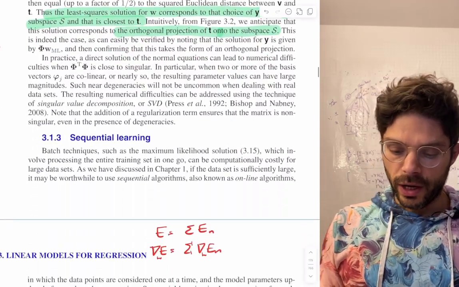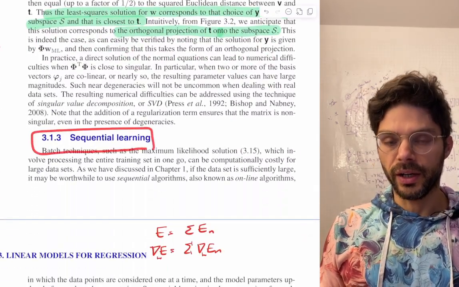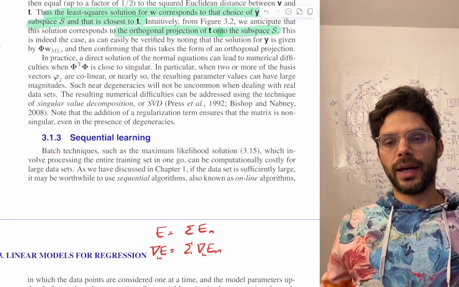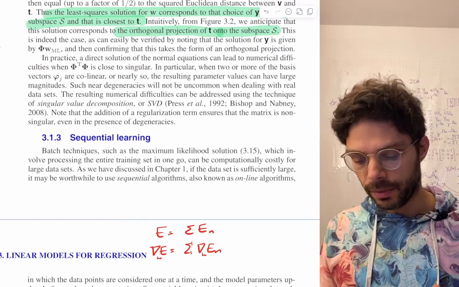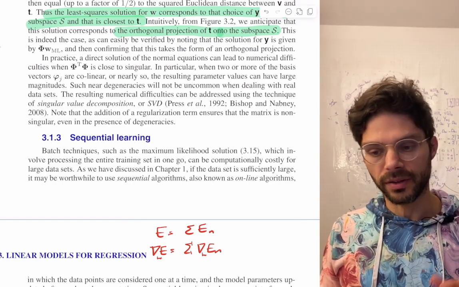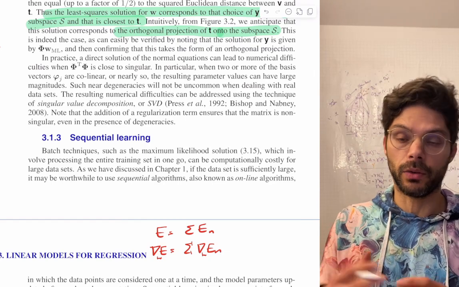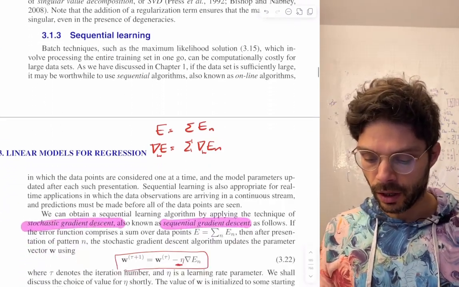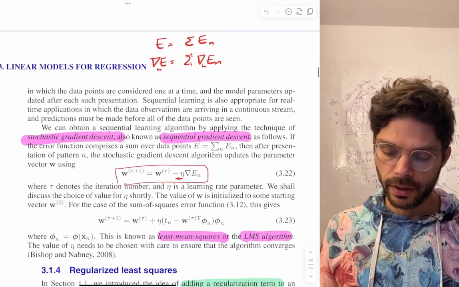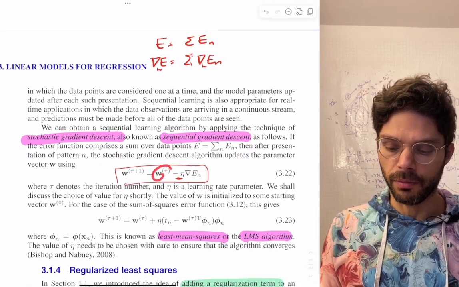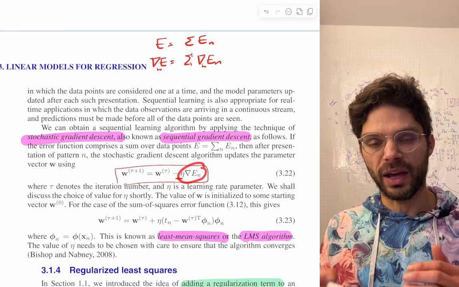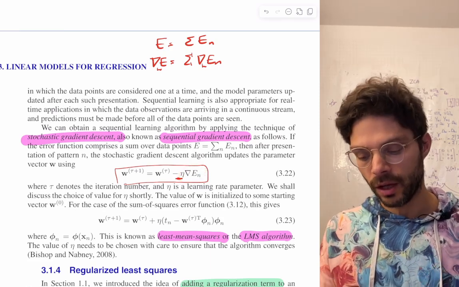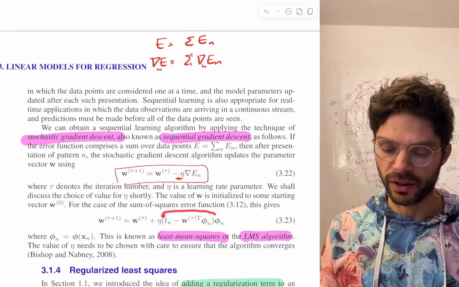Next was sequential learning. All of this stuff was done in batch, taking the entire data set and updating your gradients using all of the data. But often in real life, you can't actually do this, either because the data is not fully available or it's too big. So we talked a little bit about how to do this sequentially, which was essentially that you have your weights and you modify them by a small amount based on the contribution from each data point, and it ends up looking something like this, right?